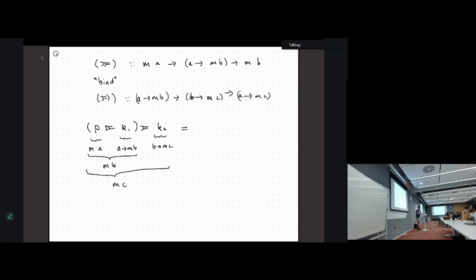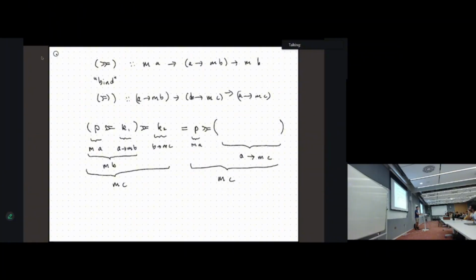We talked about this idea of there being a kind of associativity to this. So what we want to do is we want to rewrite this as P bind something. So let's look at the types involved. This thing here has type MA. That means that whatever this is has type A to MC. Because we know that the final result of this thing needs to be MC, like on the left-hand side.